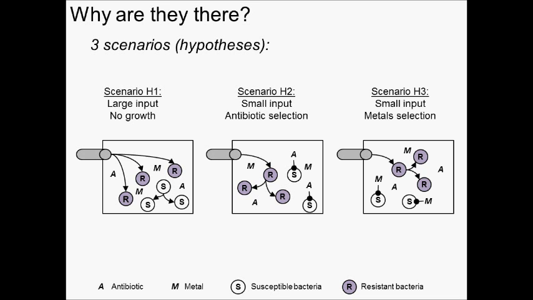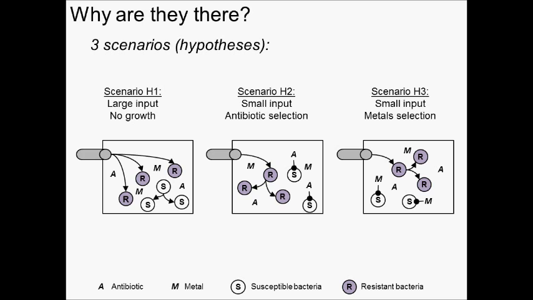Another scenario, scenario H3, is again that the input is relatively small, but in this case it's not the antibiotics that are holding down the susceptible bacteria and promoting the resistant bacteria, but it's metals. This is a mechanism referred to as co-selection, and the idea here is that oftentimes the same mechanism that makes a bacteria resistant to an antibiotic also makes it resistant to a metal.